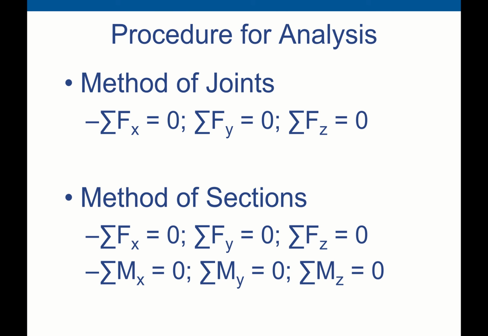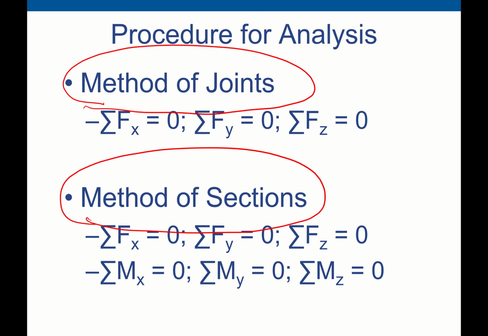So we can use the equilibrium equations to solve the problems. For example, we can use the method of joints and the method of sections, that's what we learned last class. With the method of joints, since they are all connected with the ball and socket, the forces in the horizontal and vertical translational directions should be equal to 0.